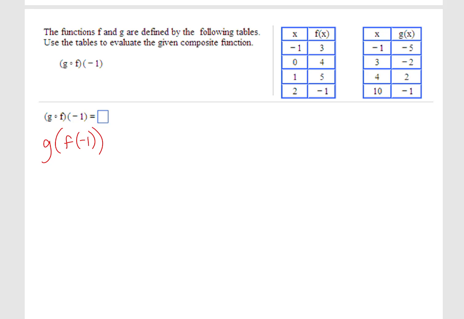So I'm first going to find f of -1. So if I go to my f of x table, f of -1 equals 3. So really they're asking me to find g of 3. And on my g of x table, when my input is 3, my output is -2. So that would be my answer.